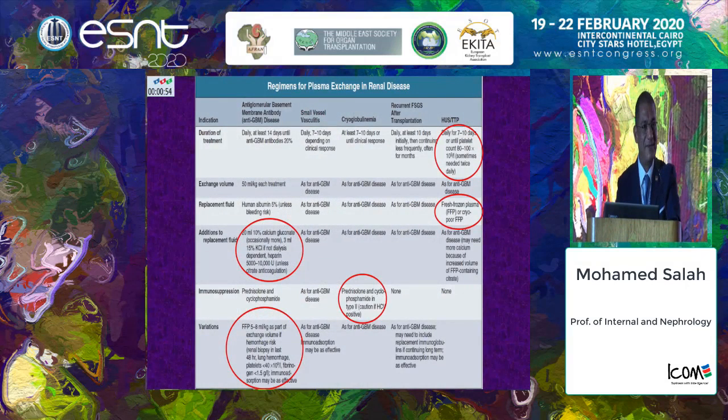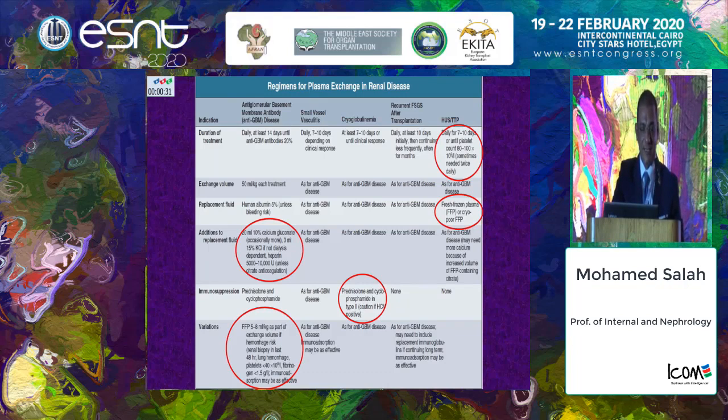These are different regimens for plasma exchange. The duration of treatment in HUS is 7 to 10 days, or until the platelet count goes to 80 to 100,000. Replacement fluid by fresh frozen plasma, as we said, only for TTP. Addition of replacement fluid in the case of anti-glomerular basement membrane antibody.